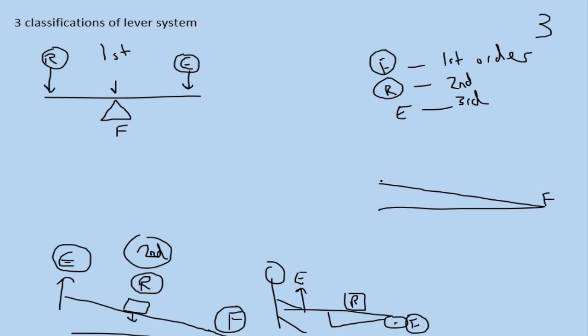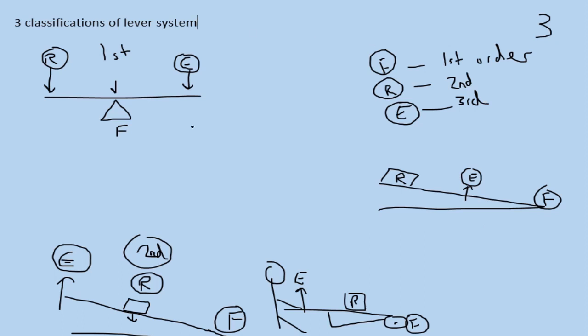Let's say there's a weight on this side, and let's say that the effort is being applied here. Now you can see that the effort is in the middle of the fulcrum and the resistance, and in doing so we can name that the third order lever because the effort is in the middle.